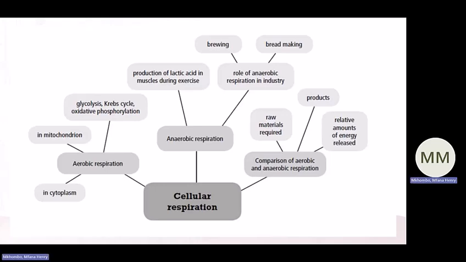Secondly, we have seen how animals use food to gain energy and therefore to follow the process of nutrition. And now we come to another process, which we call cellular respiration. In cellular respiration, we have aerobic respiration and anaerobic respiration, as well as the comparison between aerobic and anaerobic respiration.